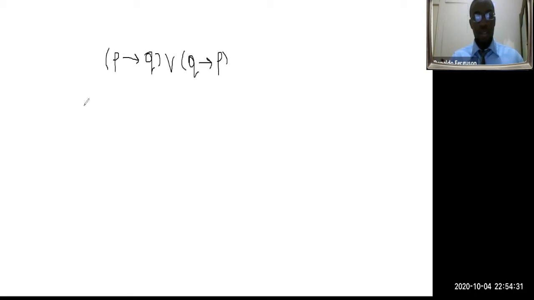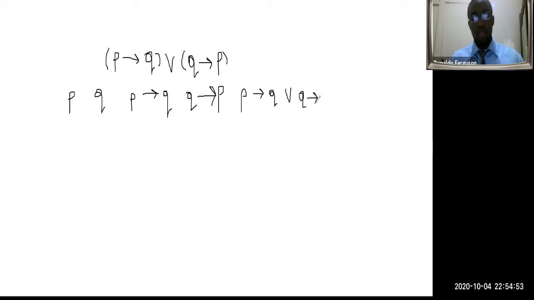So first we're going to start with our truth table: P, Q, P implies Q. We're going to need Q implies P. Then we're going to need both, P implies Q or Q implies P. That's what we need.